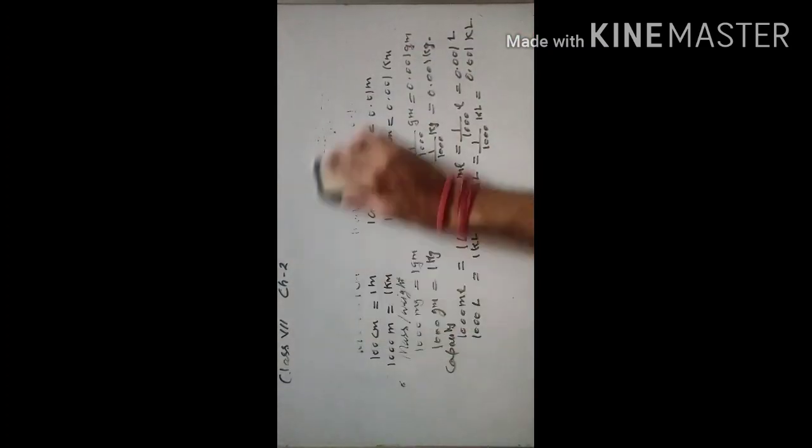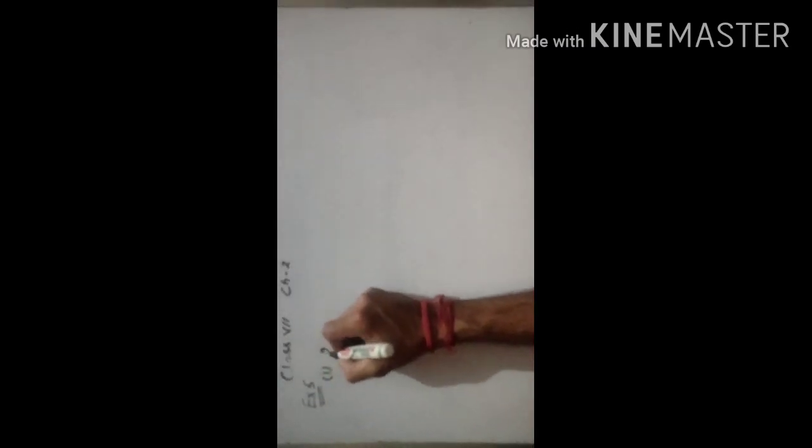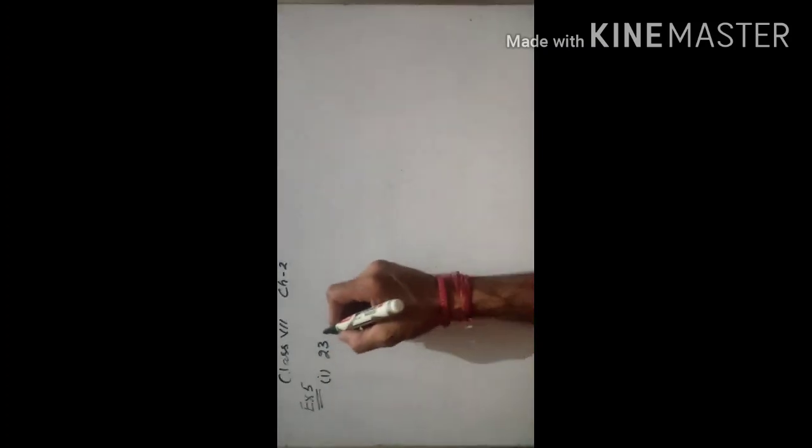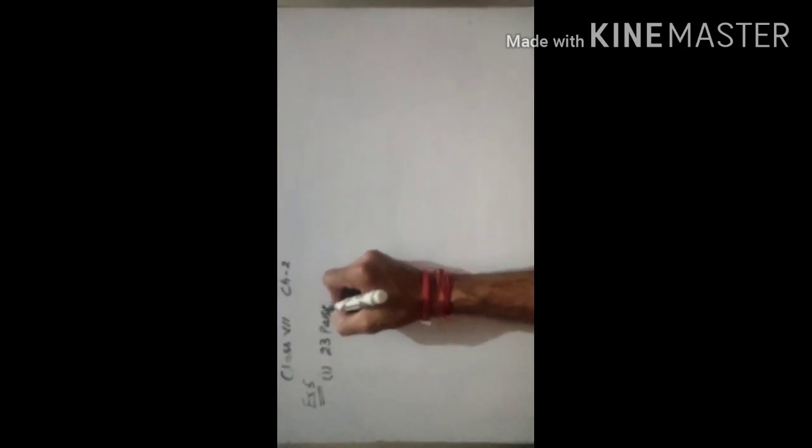Now come to example number 5. Express as rupees using decimals. First part is 23 paise; we have to convert it into rupees.